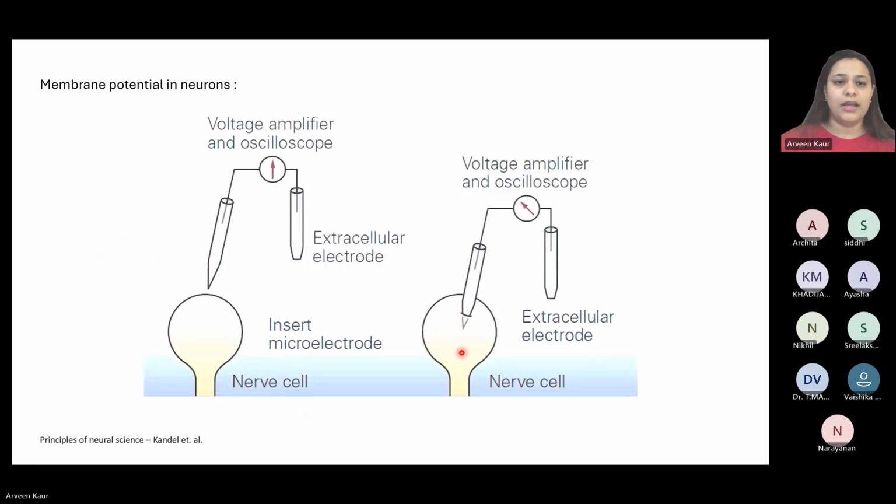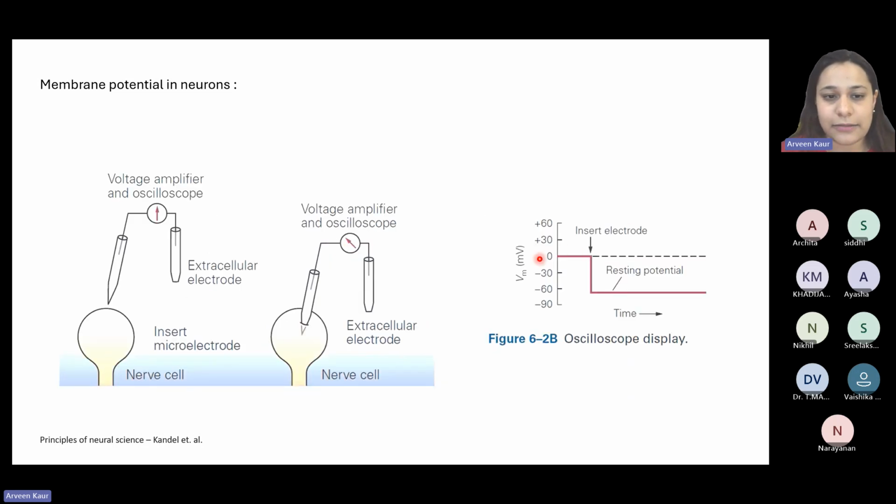When we talk about membrane potential within neurons, we can quantify it using electrodes, like the ones shown over here. For example, if both electrodes over here are outside, at this point, what will it look like? Since both electrodes are in the extracellular environment, the value will be zero, right?